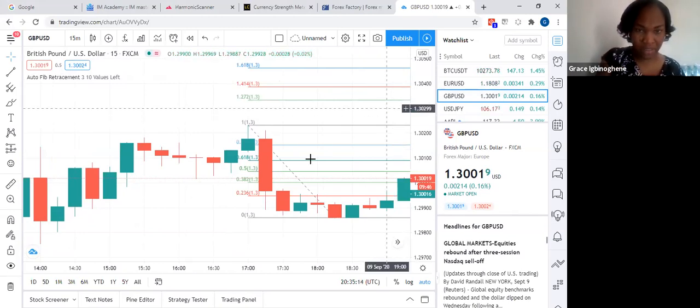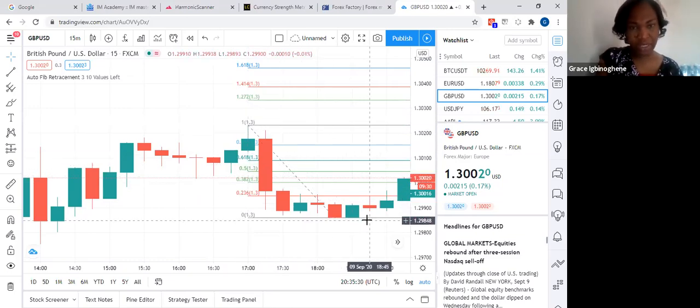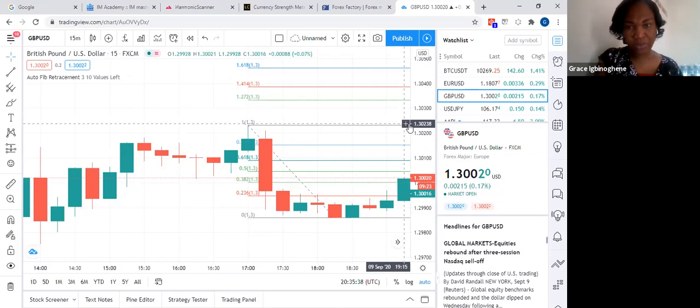Markets went down at this particular point. Let's assume that we want to get into the market to sell at this point. So instead of taking it from the 0 up, we take it from the 1 and then we take it down. Our 1 here becomes our entry point, and that is at 1.30238.